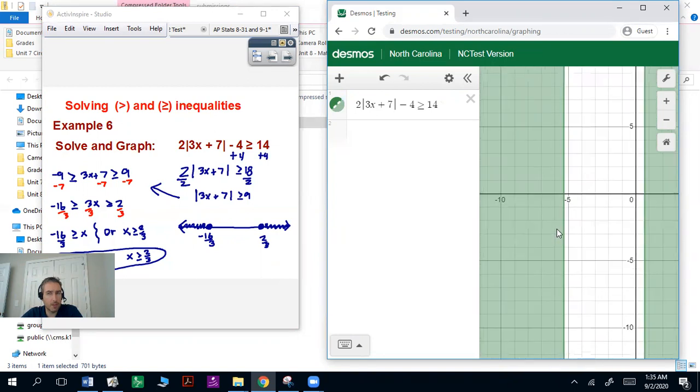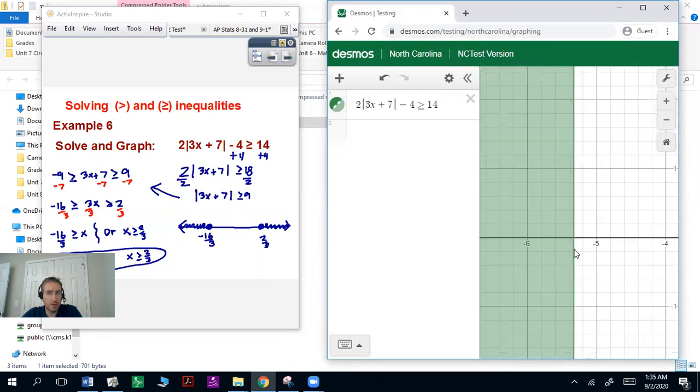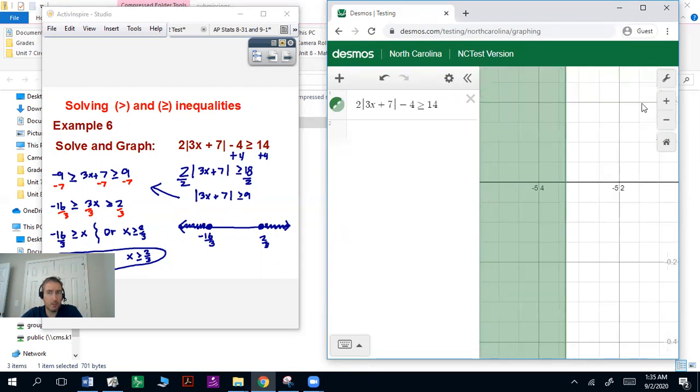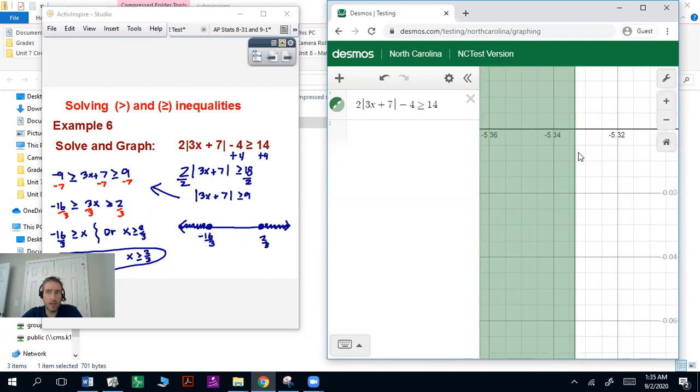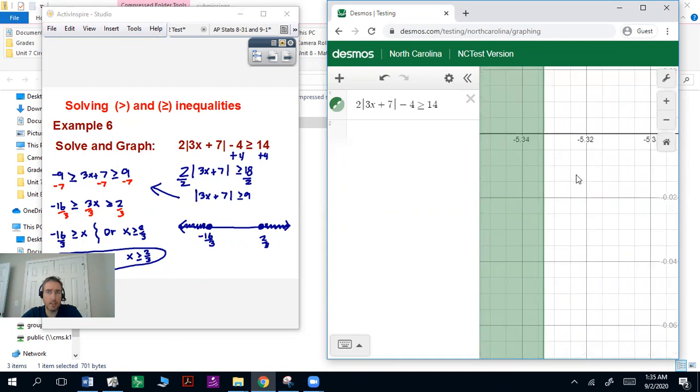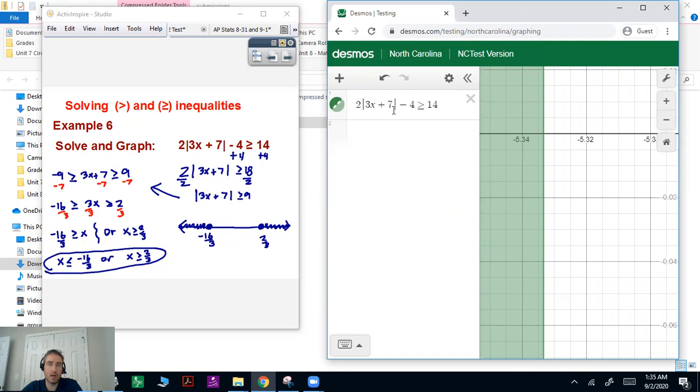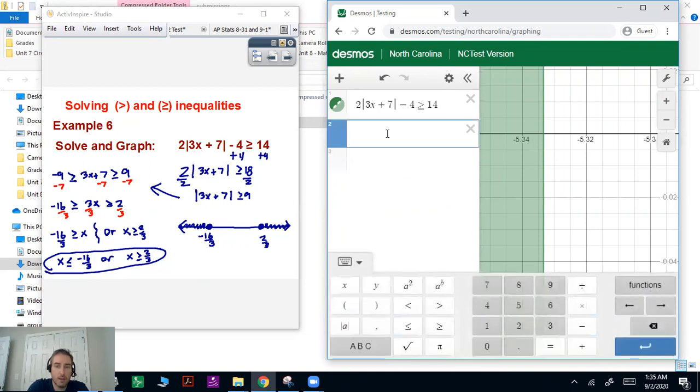This number is a little bit harder to get, right? If you go over here, you can zoom in a lot. And you might say like negative 5.34, but what is that decimal exactly? Well, that's where the solving by hand might help, okay? If you did negative 16 divided by 3, it's negative 5 1/3, so that's what that number is.